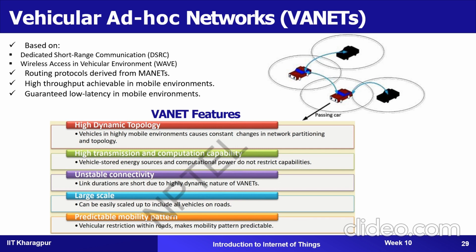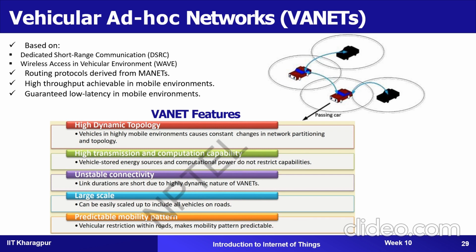Now, vehicular ad hoc networks. They are based on dedicated short range communication and wireless access in vehicular environments. Routing protocols used in VANETs are derived from MANETs, that is, mobile ad hoc networks.